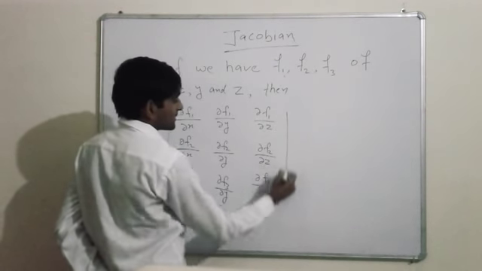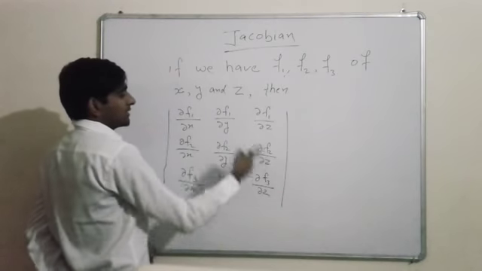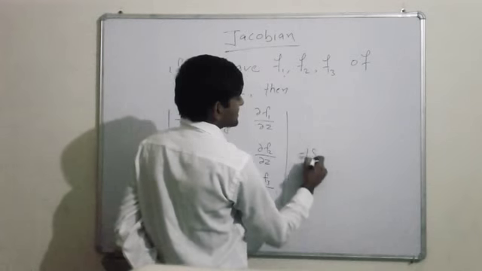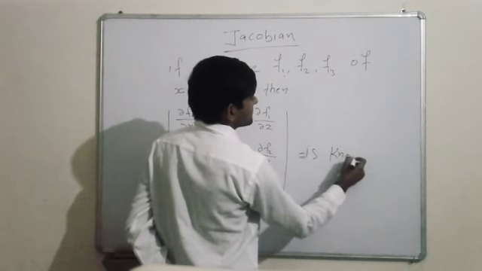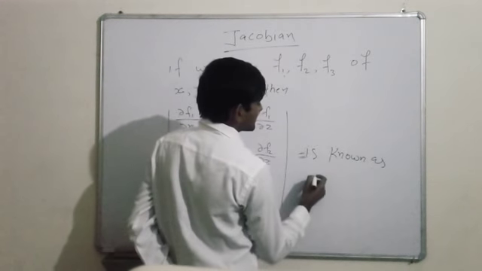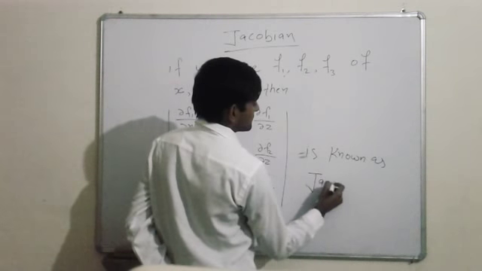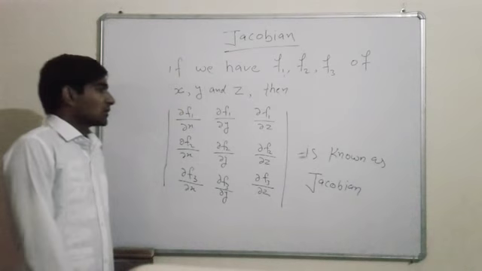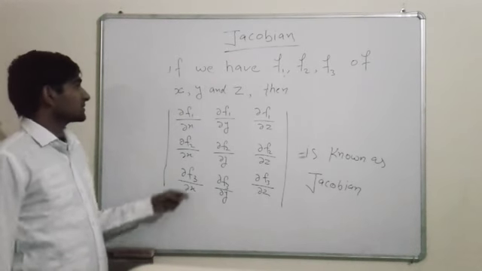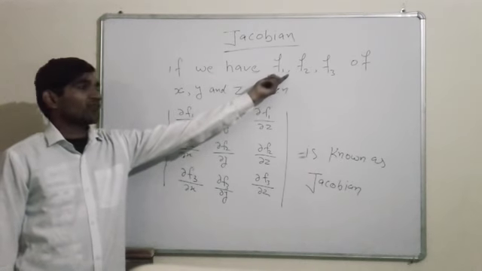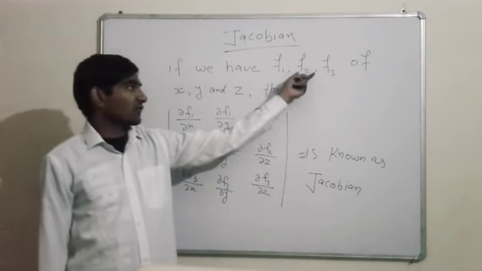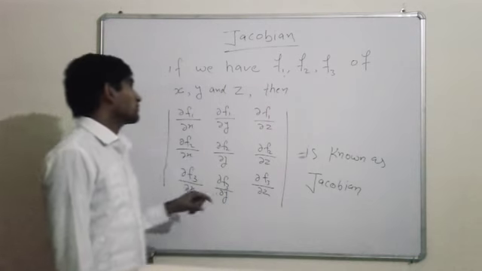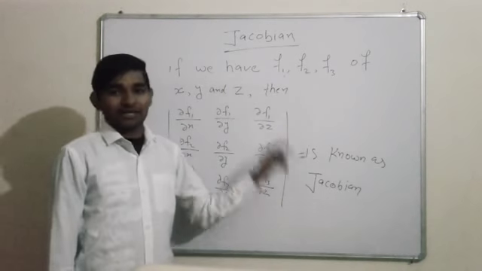Its determinant is known as Jacobian. So finally we have to find just the partial derivative of f1, f2 and f3 with respect to x, y and z.